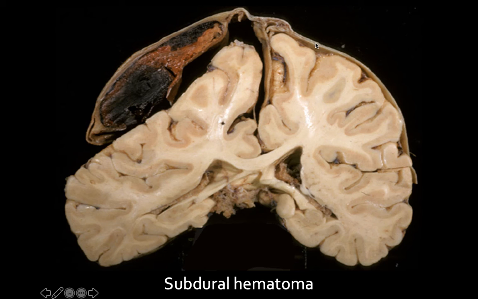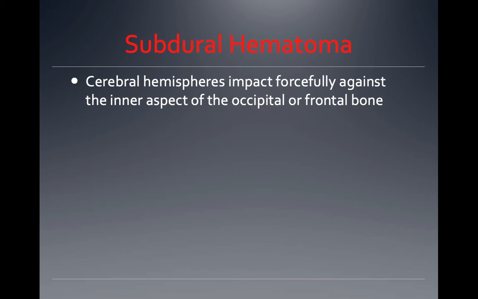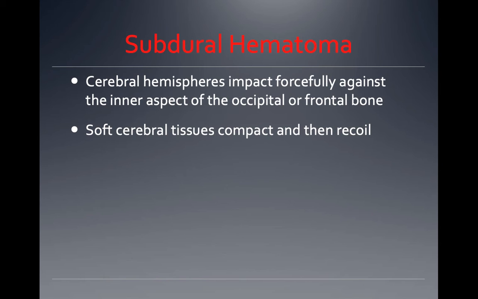And so this is the dura mater, and this is the hematoma, and you can see what kind of damage it does to the brain. So subdural hematomas, you have the cerebral hemispheres impacted, and this is usually the occipital and the frontal bones that are going to cause the issue.